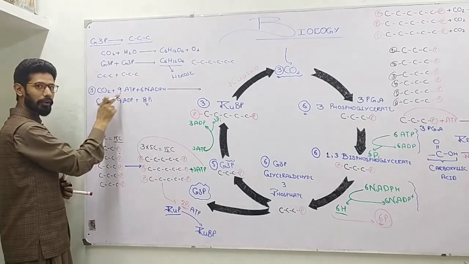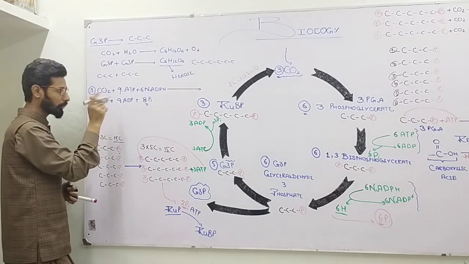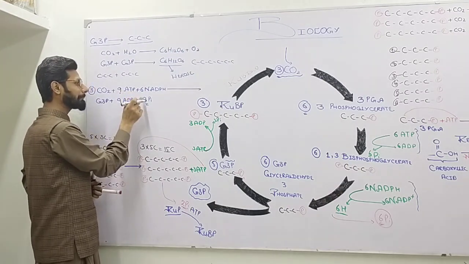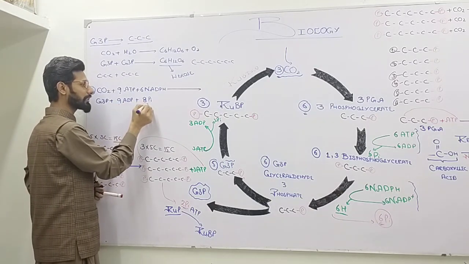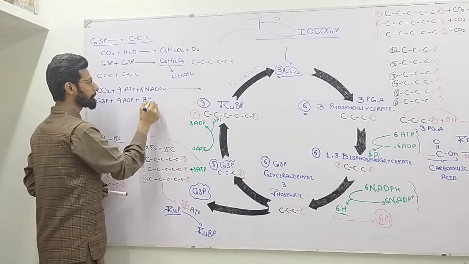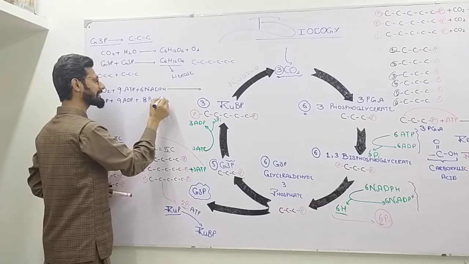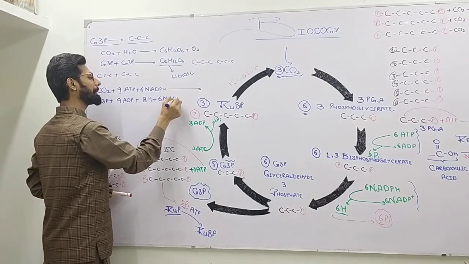One phosphorus is part of G3P. So the 9 ATP are converted into 9 ADP, 8 inorganic phosphorus get released, plus 6 NADP+.